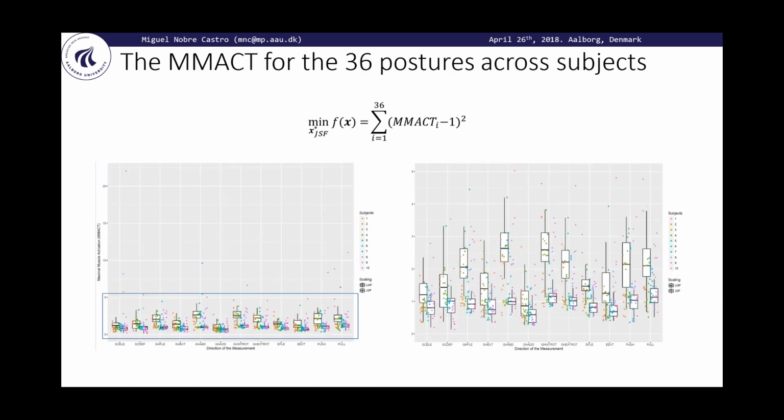So if we look into each one of these 36 measurements, so if we individualize them rather than looking at the overall objective value of our objective function, and if we compare the length mass fat scaled only model against the new one that we just optimized, so the one that we made more subject specific, as you can see here, the model has a little bit of problem for some of the postures.